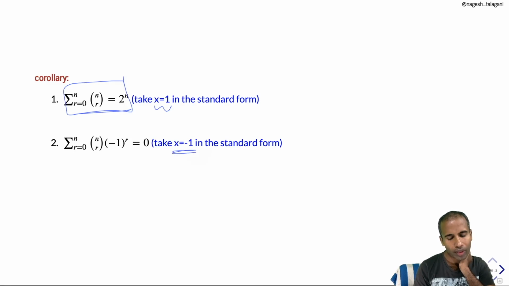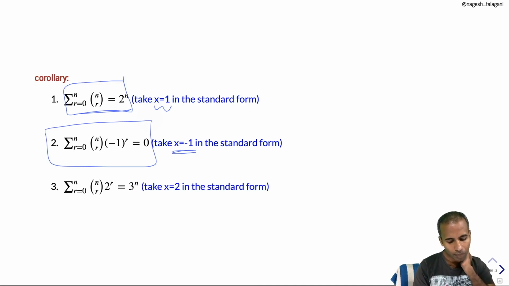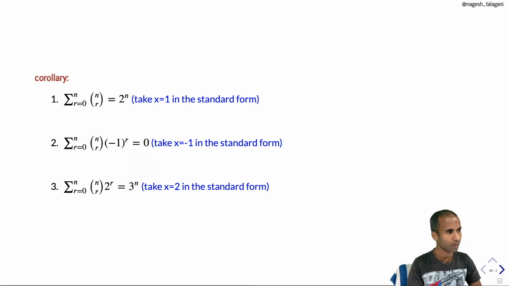This time you take x equal to minus 1, and you will see this identity. Now, summation r equals 0 to n of n choose r times 2 to the power of r equals 3 to the power of n. You take x equal to 2 in the standard form of the binomial theorem, and you will see this identity. These all directly follow from the binomial theorem. Okay. Next.